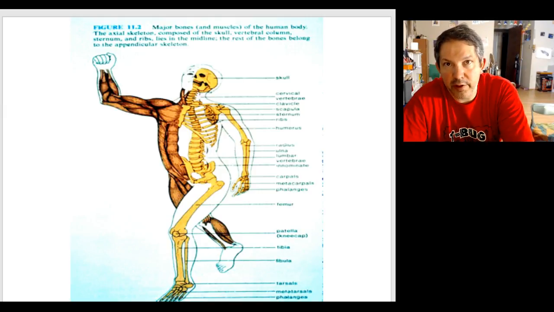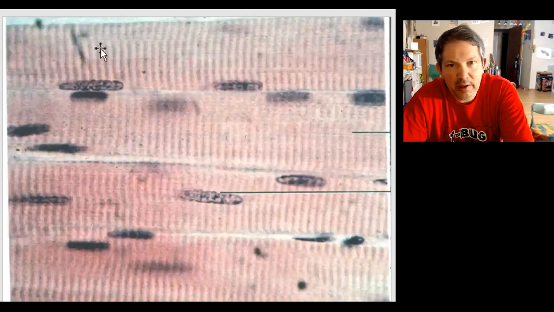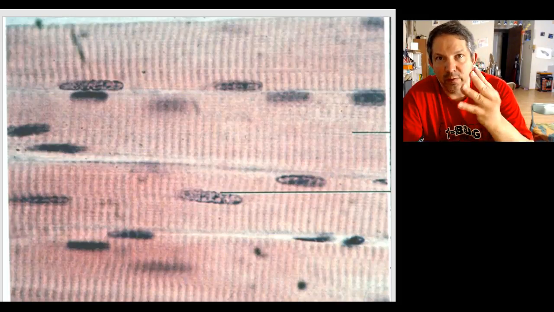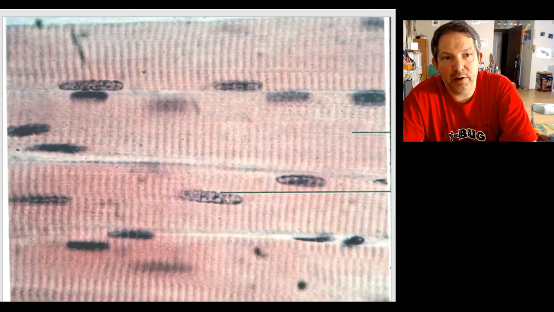So you'll have some really long cells, but the cells are multinucleated. They're one cell because they're all contained within the cell membrane, but it's kind of cheating because you have lots of nuclei. And the nuclei have been pushed out because the muscle's very specialized and just full of these contracting fibers.